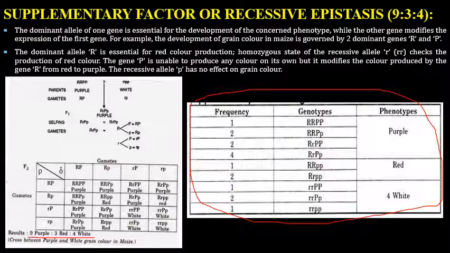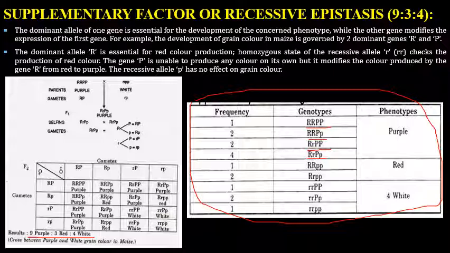In the first 4 individuals, both capital genes, capital R and capital P, are present, showing the purple grain color phenotype.